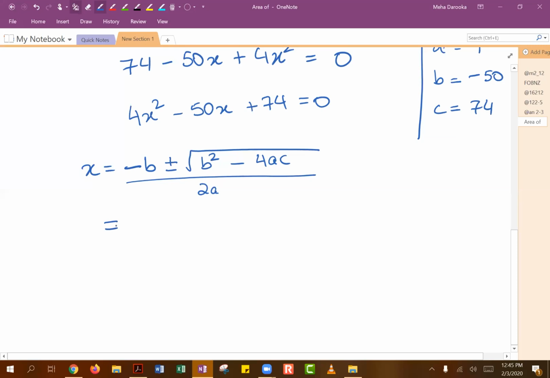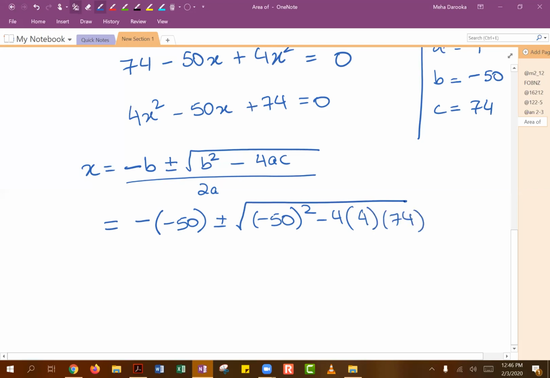If we plug our numbers in, we have negative b. B itself is negative 50, plus or minus, inside the square root would be negative 50 squared minus 4 times a, which is 4, c, which is 74, and everything divided by 2a, which is 2 times 4, right?